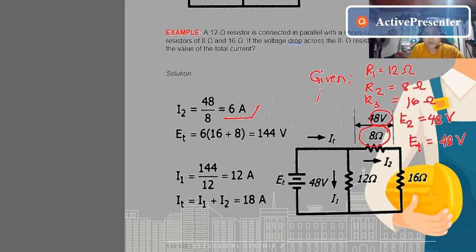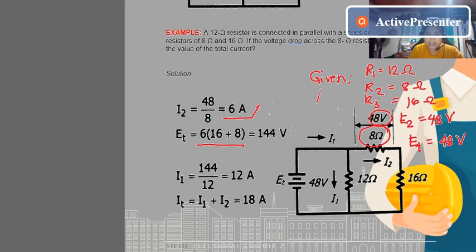So solving for our E total, so we have here 6 times 16 plus 8. So asa man gikan aning 8?